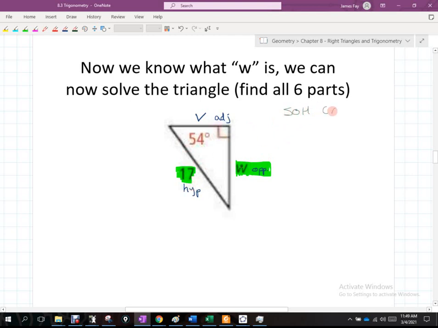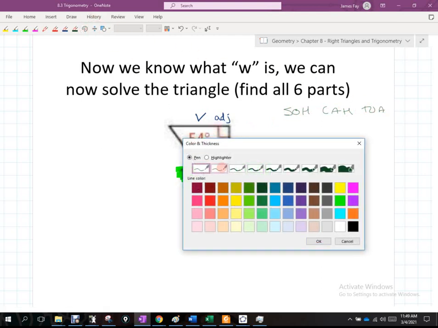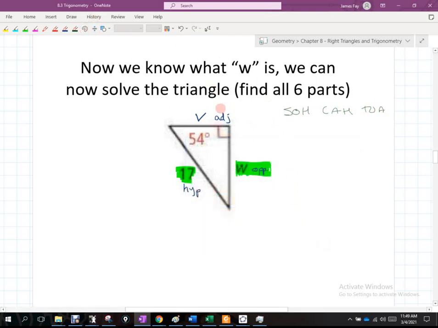We said SOHCAHTOA was the mnemonic phrase that allows us to decide whether to use sine, cosine, or tangent. Which one am I going to use here? I'm going to use sine. So sine of my angle, the angle that defined all of the sides and their locations, is equal to the opposite divided by the hypotenuse.